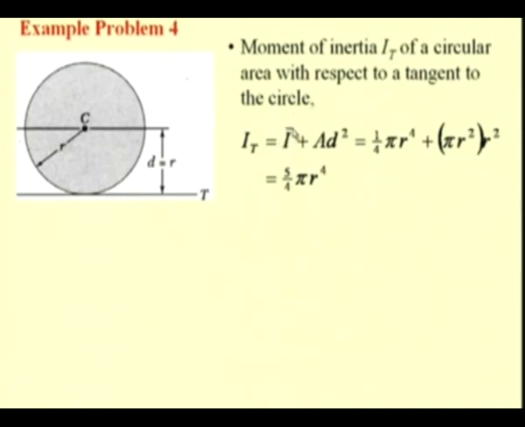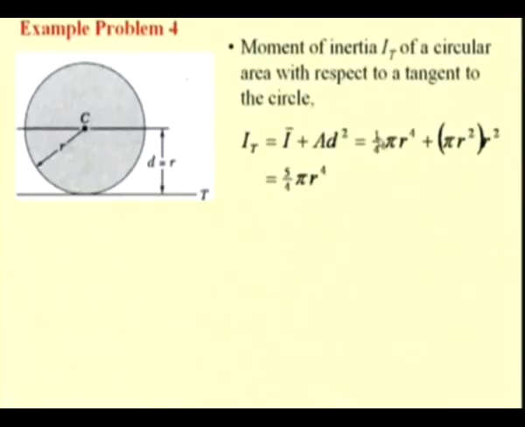These values are available a priori, in the sense that for our engineering computation, for known shapes like circles, triangles and rectangles, it is possible to find the second moment by integration, and these can be made into a table and used for computation. And the value of I bar is 1 by 4 pi r to the power of 4, which we have already seen in our earlier example.